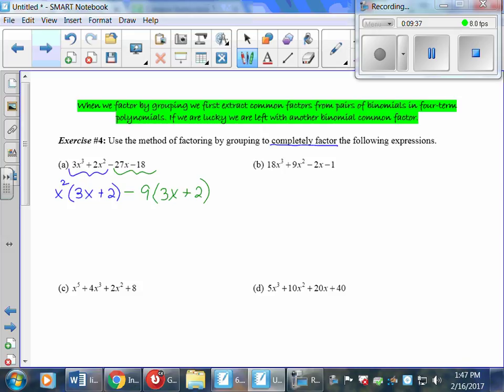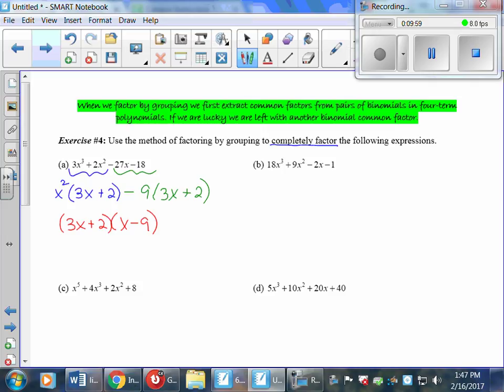So now we're going to factor out that 3x plus 2. And then what are we left with? We're left with x squared minus 9. It's not x squared minus 9, it's x minus 9. Sorry about that. Because I was thinking we'd be able to factor that some more.